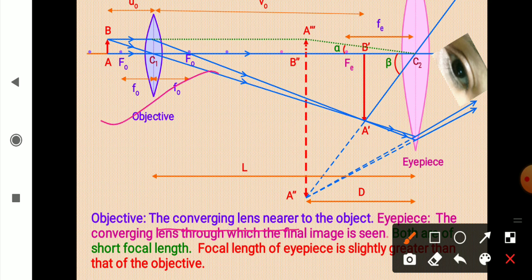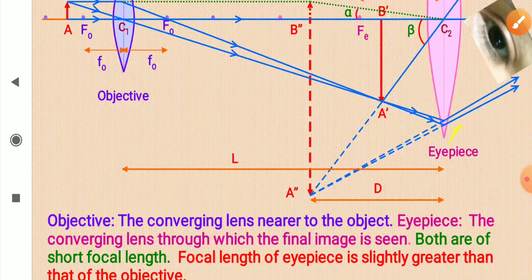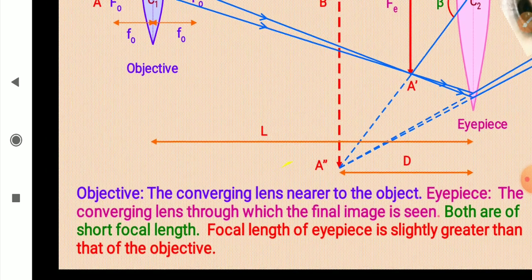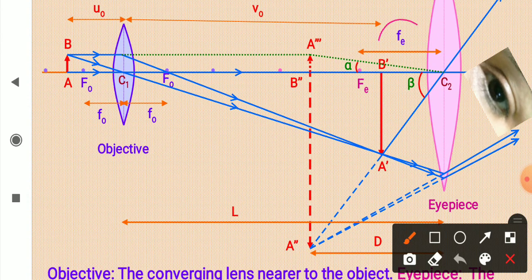Objective is a converging lens placed near the object, and eyepiece is a converging lens through which the final image is observed, and they both have very short focal length, and the focal length of the eyepiece is slightly greater than the focal length of the objective. That means this FE is slightly larger than FO, and both are small.